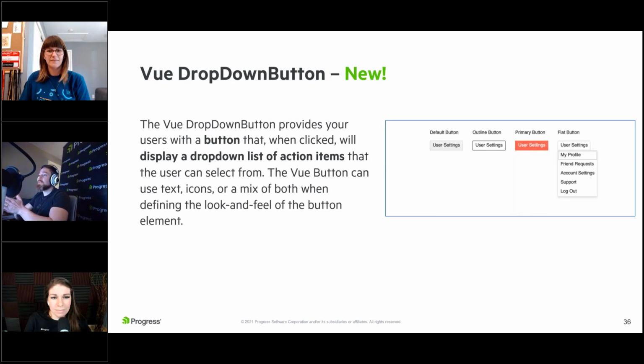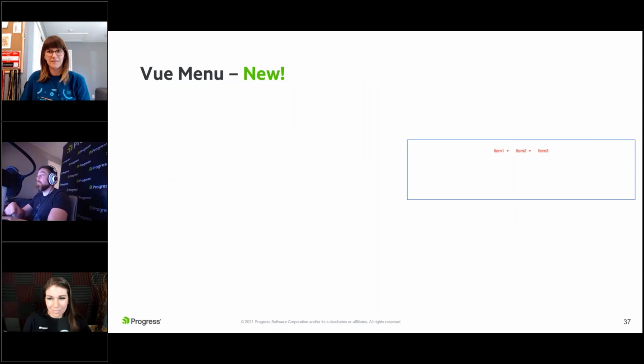However, the main difference is that you don't have that split. So it looks like a regular button without that little icon pointing downwards. And when a user clicks on the button, this additional list pops up. So it's a similar kind of user experience, but it just depends on your preference for that split versus just a regular button.